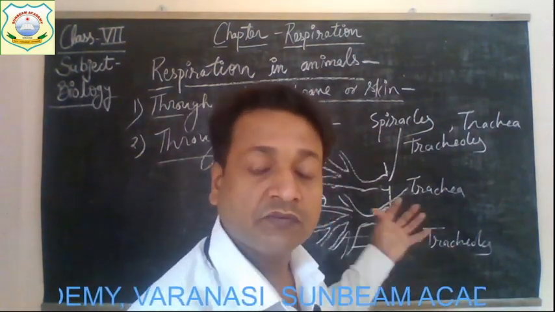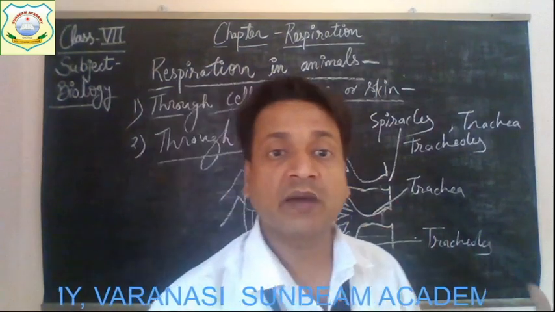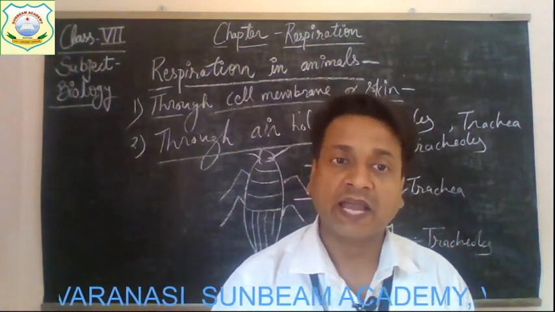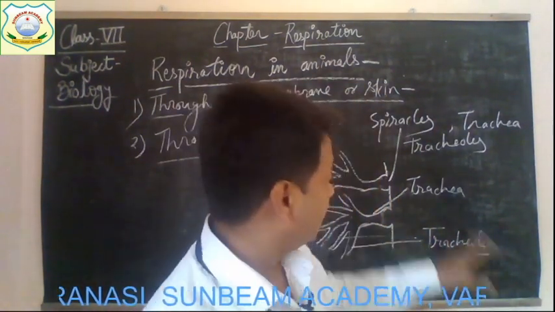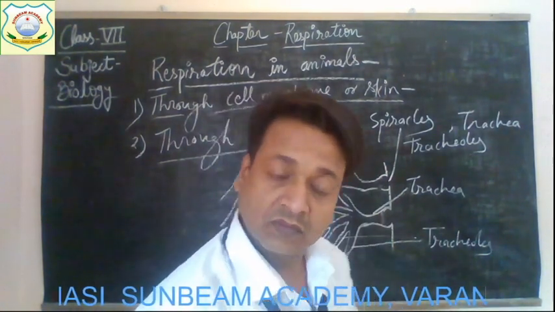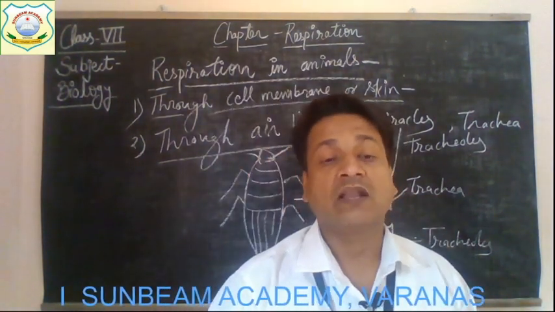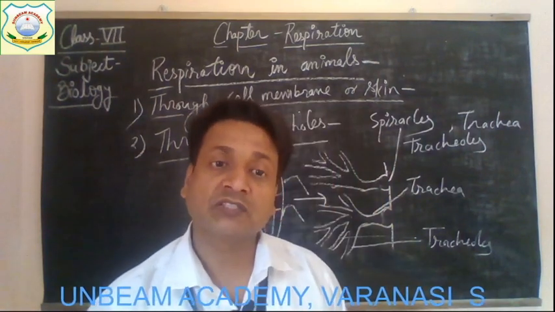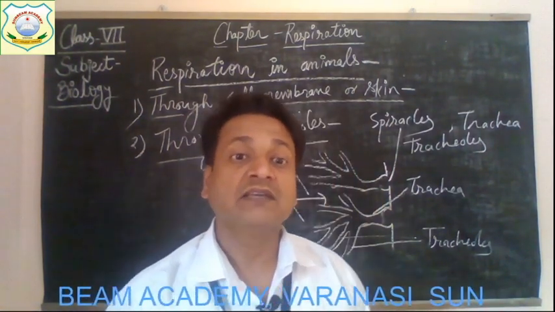So this is the way of exchange of gases in some insects through the spiracles, or simply we can say air holes. Get it today? Now, come to the third way of exchange of gases, and that is through gills.